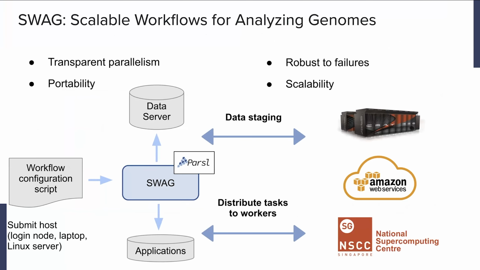So Swag is a software framework that we have developed using Parsl that is specifically tailored towards running genome analysis workflows at large scale. It is portable across various execution platforms like the Aspire 2 supercomputer or AWS Cloud.